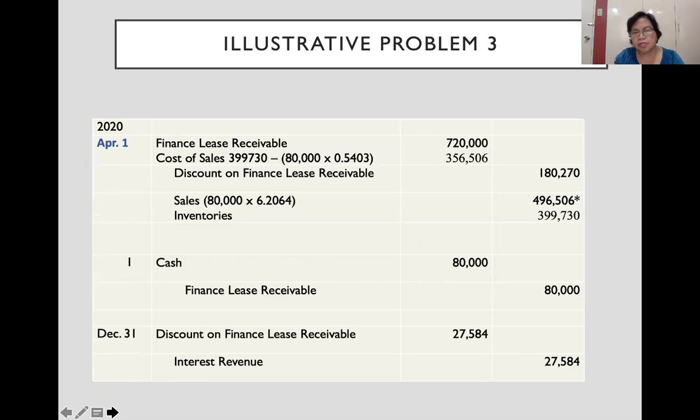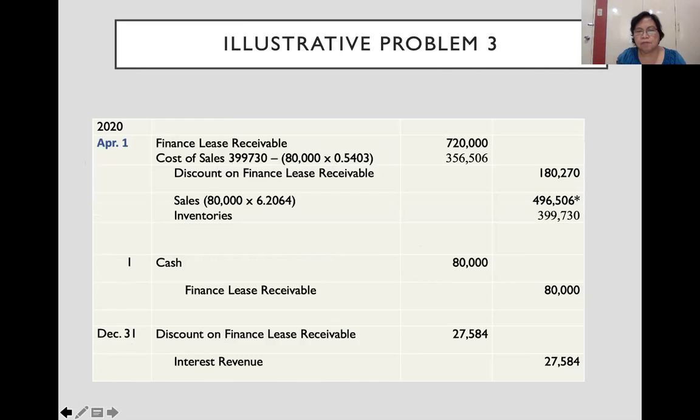However, in our entries to record sales and cost of sales, it will matter already, because any residual value that is not guaranteed will be considered as an adjustment to cost of sales at present value.